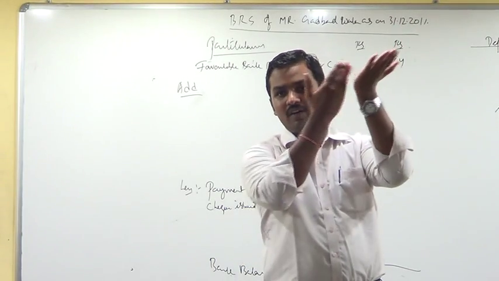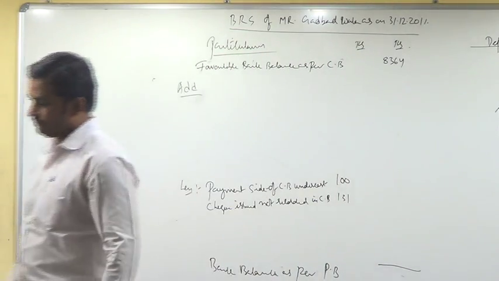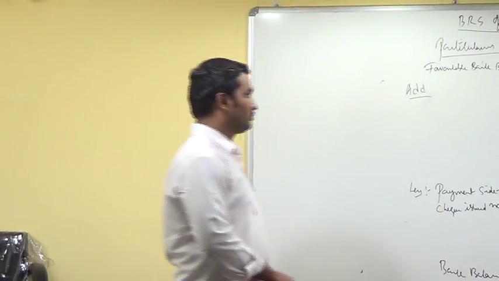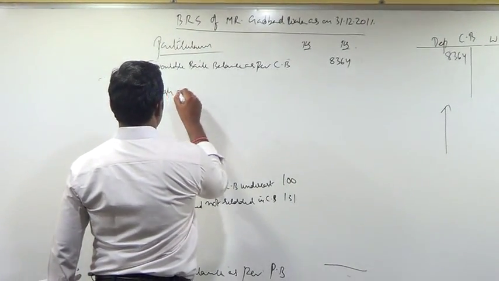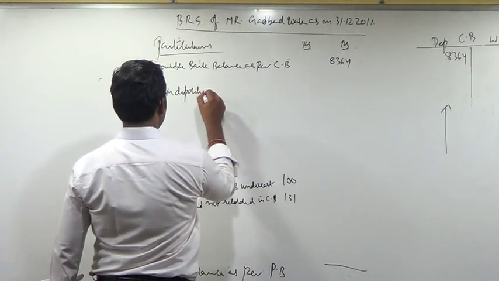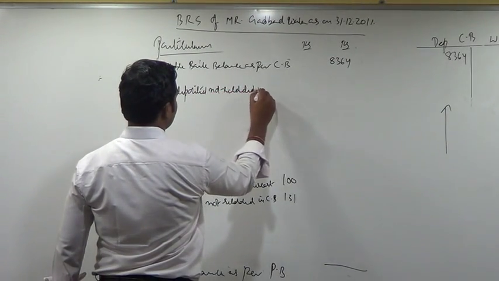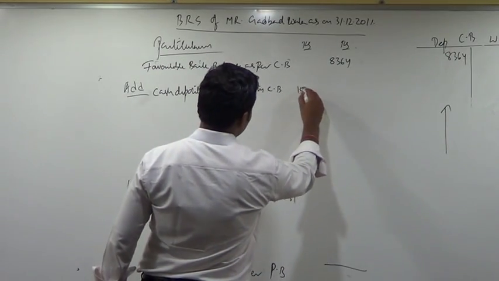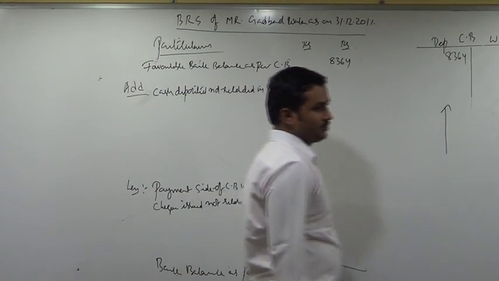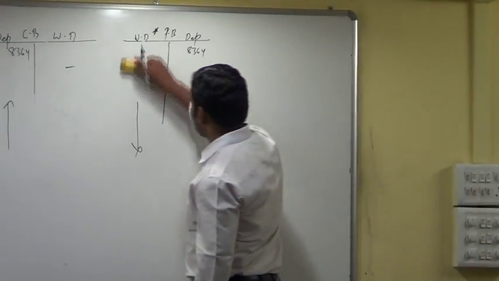What should we do now? Cash book, to make it equal to passbook? Add. Cash deposited, not recorded in cash book. How much? You can see through this approach also.